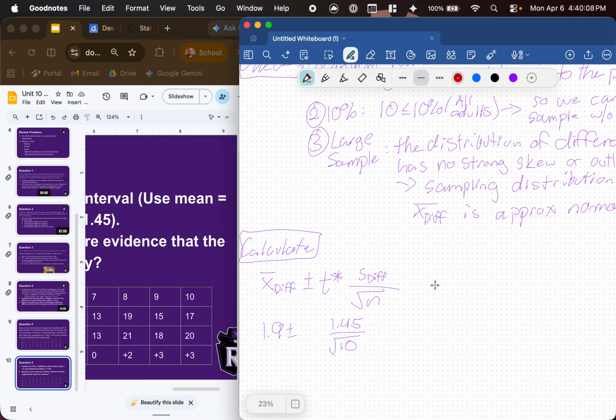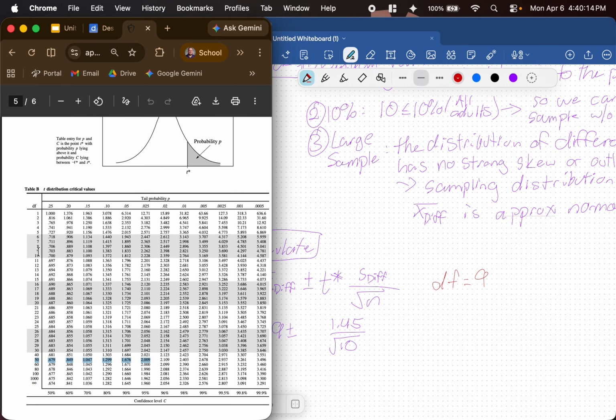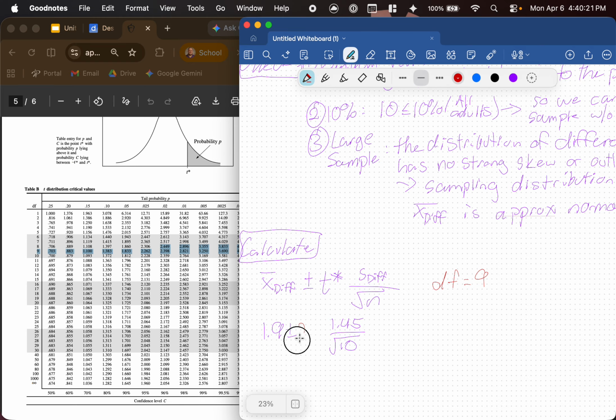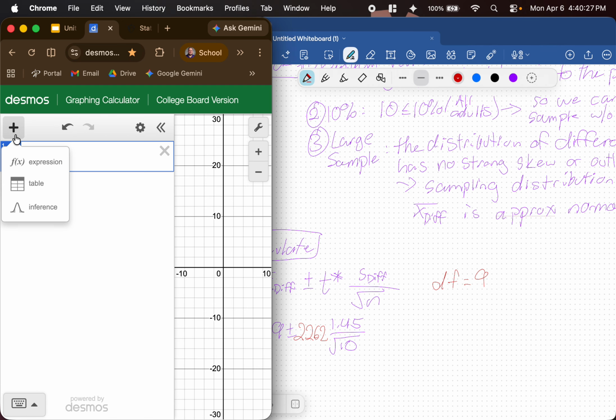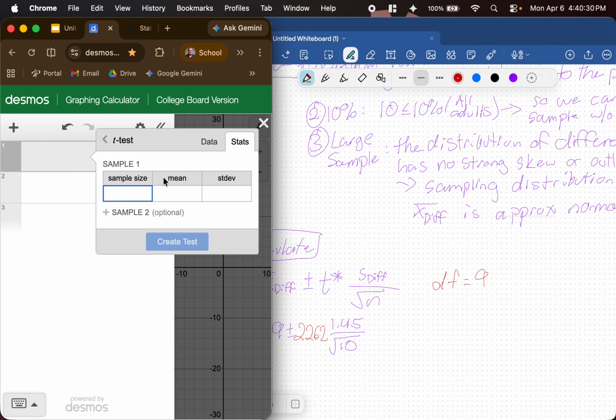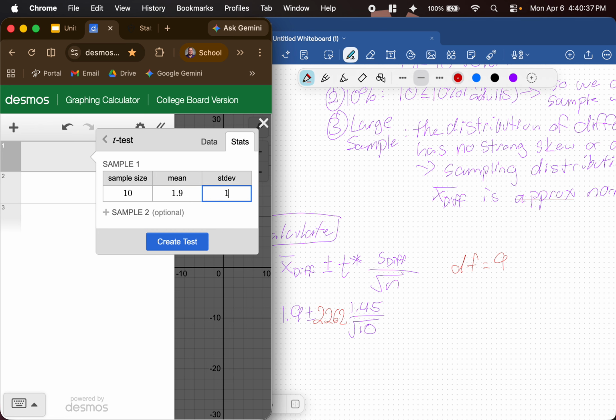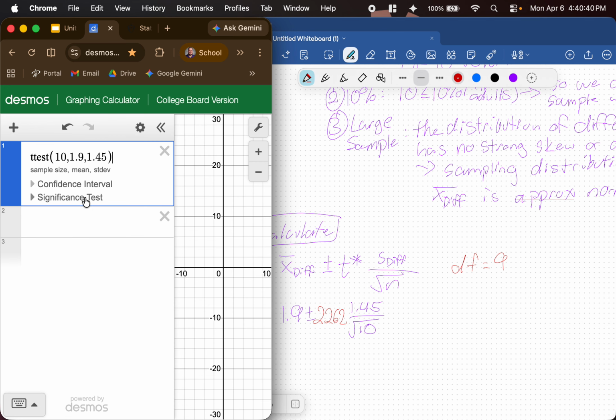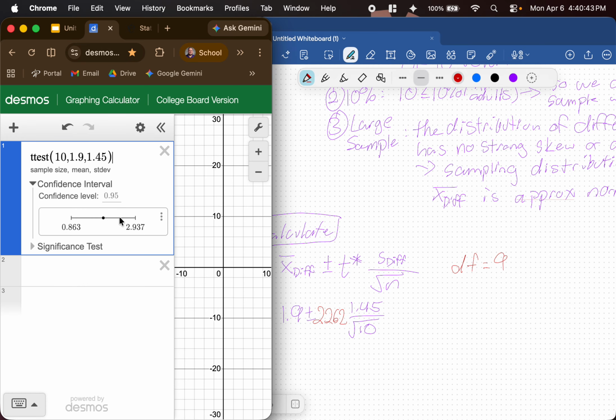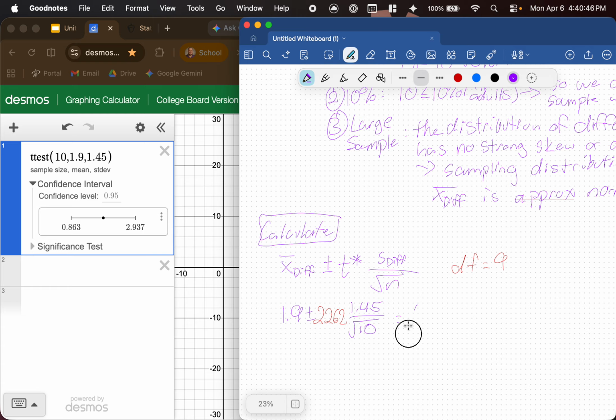We can use our degrees of freedom here to be 9. So we can always use our table for a 95% confidence interval, 2.262. Now, we can also just plug in on Desmos here. We have sample size of 10. Our mean is 1.9, and our standard deviation is 1.45. We can see here degrees of freedom 9. Significance test at 95%. We are going to get 0.863 to 2.937.